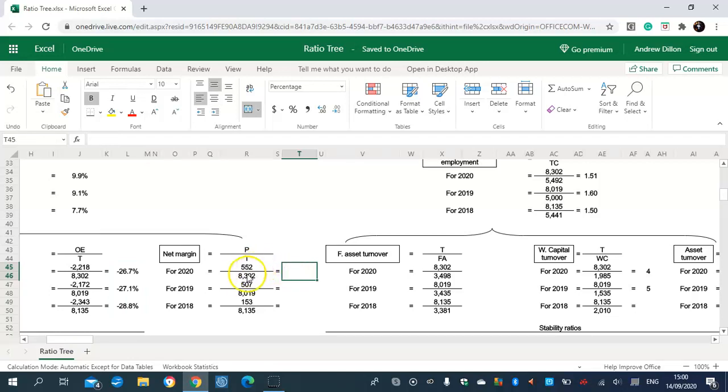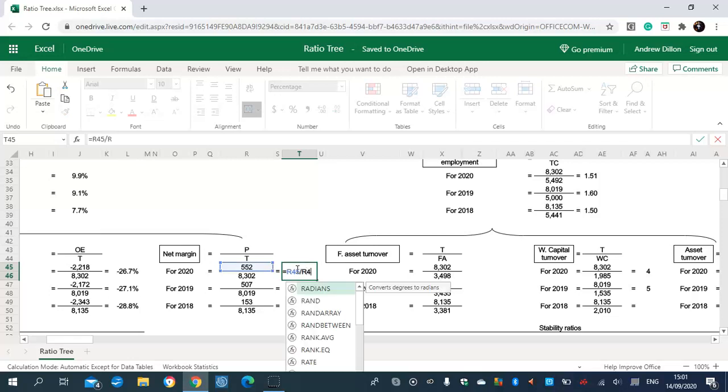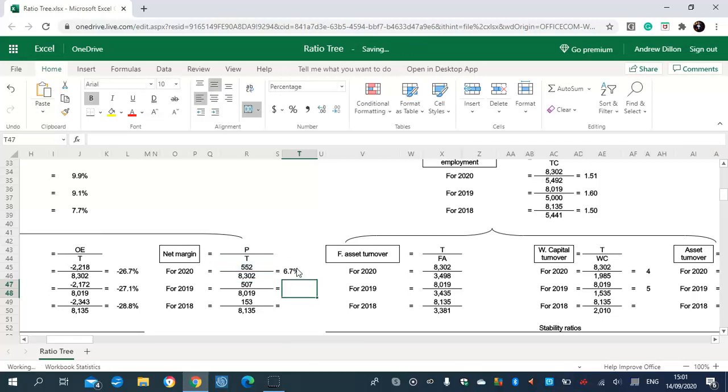Divide the two figures that are matched to the figure line for the year required. Okay, so that's it for the net margin. Fixed asset turnover is going to be the next step.